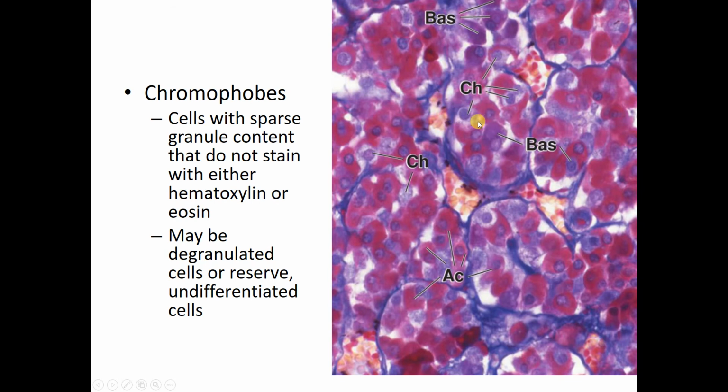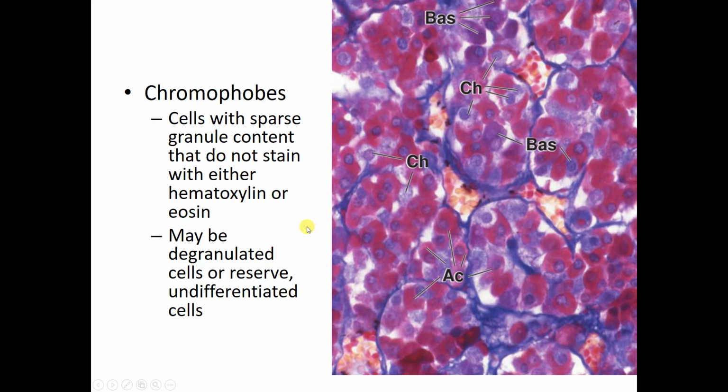Then chromophobes. Chromophobes are present here. They are not gaining some specialized color. Unlike basophils, which have very basophilic cytoplasm, and acidophils, which have a very acidophilic state, here and here and here we see a lot of cells which don't gain any color.